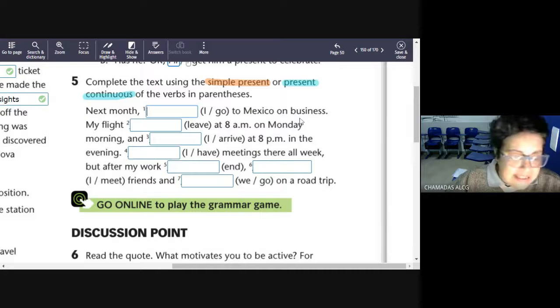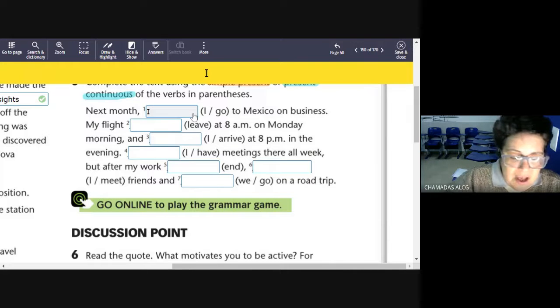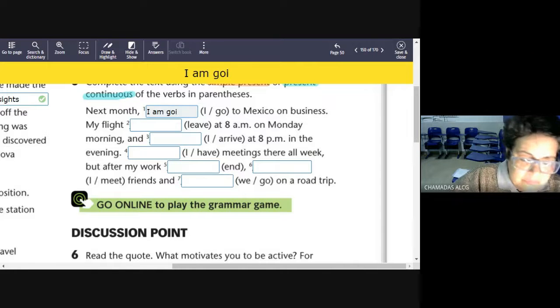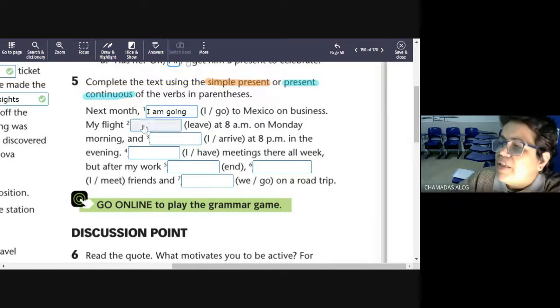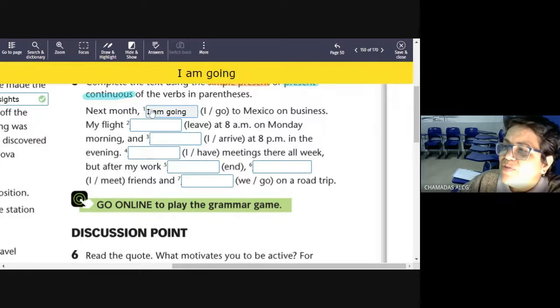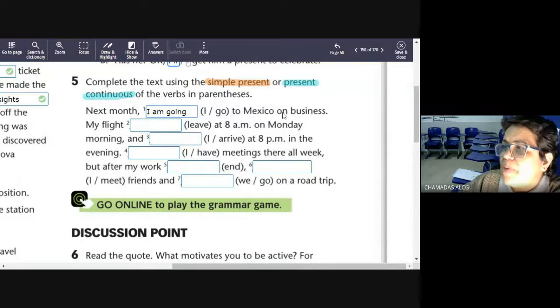So next month, the subject, I, okay? So I am going. There you go. This is the present continuous of the verb to go for the first person singular. I am going to Mexico. Present continuous, okay?